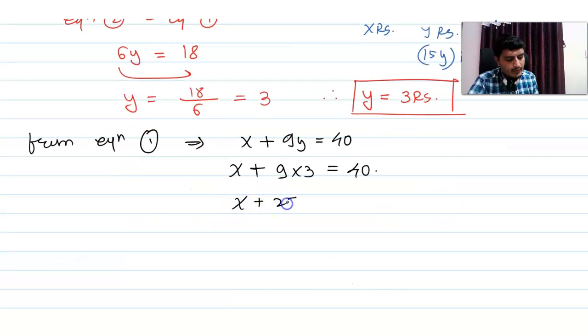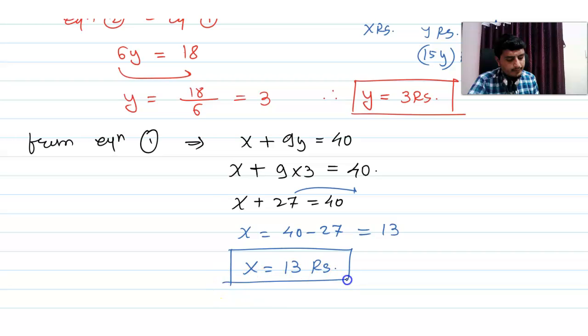So x plus 27 equals 40. Shifting the 27 from LHS to RHS, the value of x is 40 minus 27, that is 13. So for the first kilometer the fare is rupees 13.